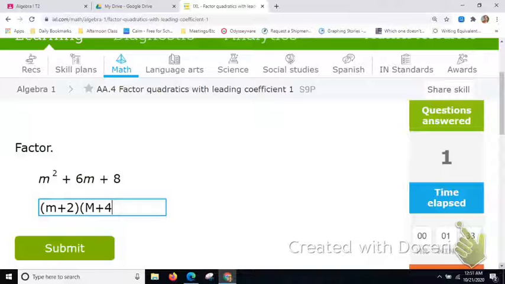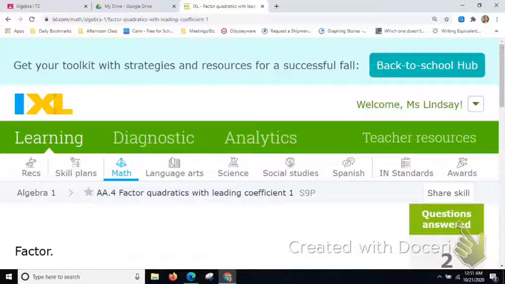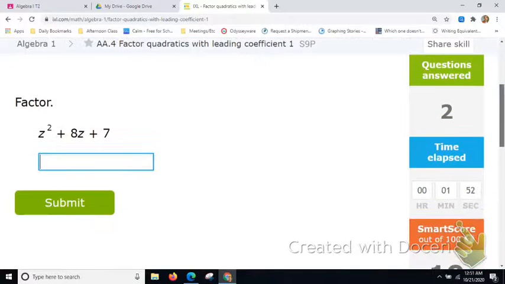So again, 2 positives. I'm going to go ahead and leave that capital and see if it marks that wrong. I did it by accident, but we'll see. So 2 times 4 is 8. 2 plus 4 is 6. So far, probably the biggest challenge will just be making sure that although there's not a lot of X's, you probably won't make that mistake.